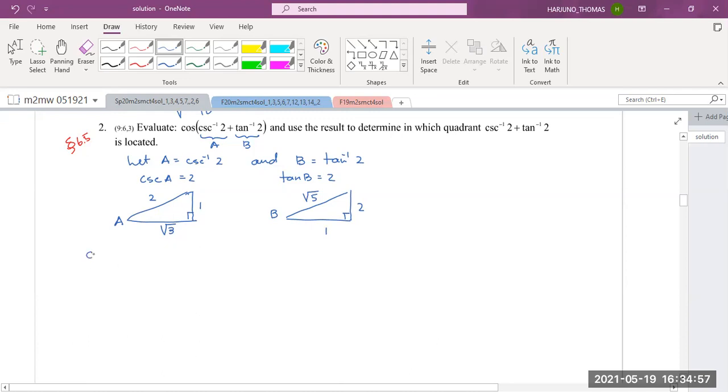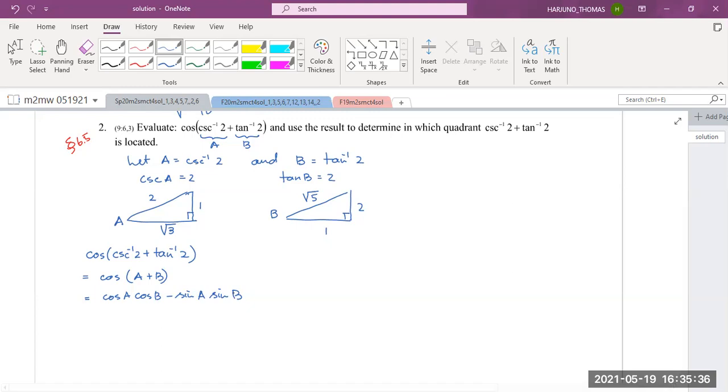Okay, now that question, cosine of cosecant inverse 2 plus tangent inverse 2, because of that substitution becomes cosine of A plus B, which according to our formula is cosine A cosine B minus sine A sine B. Both angles are in quadrant 1, so the value of all trig functions will be positive.